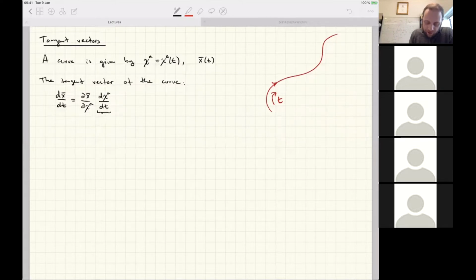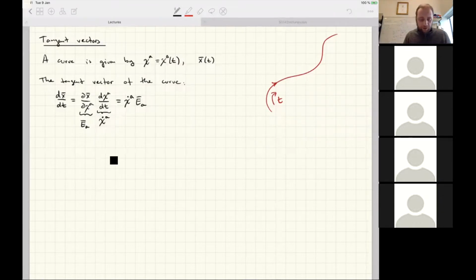Just for future notation, I'm going to use a dot to denote this. But this we already know what it is. What we have in front here is just the tangent basis vector. So this is chi dot^a times E_a.